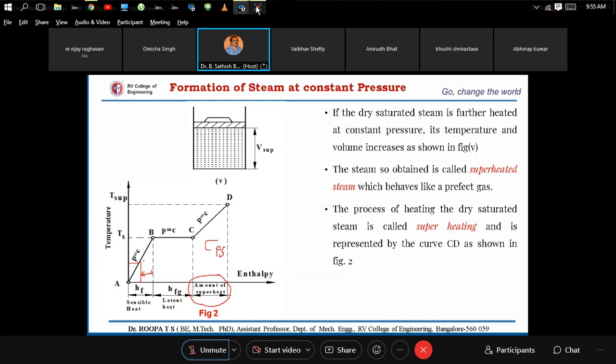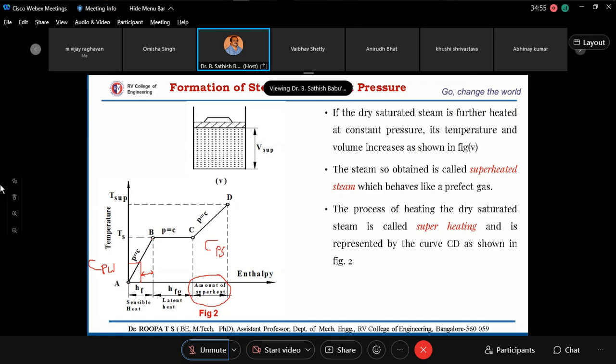In such a condition we use CPW because it is in the water region. From A to B it is still in water, liquid condition, not in steam. Is that clear up to this?